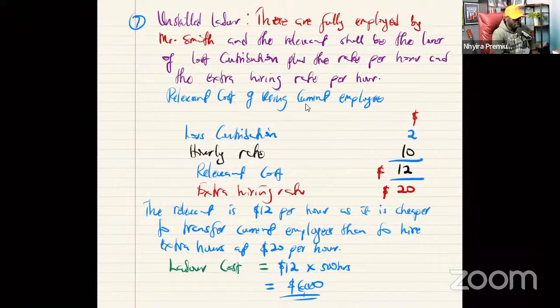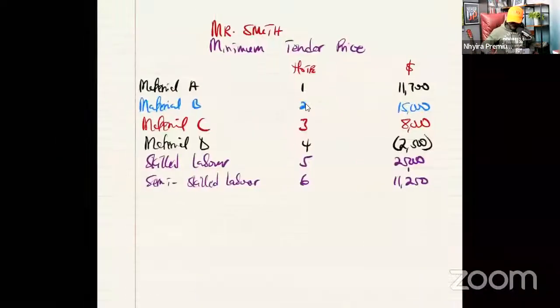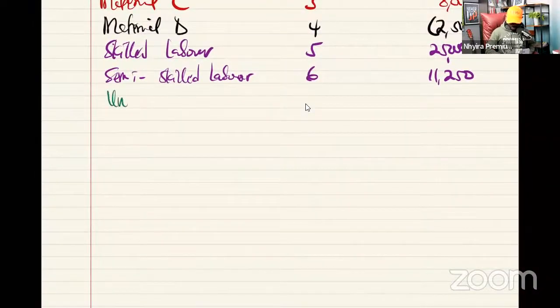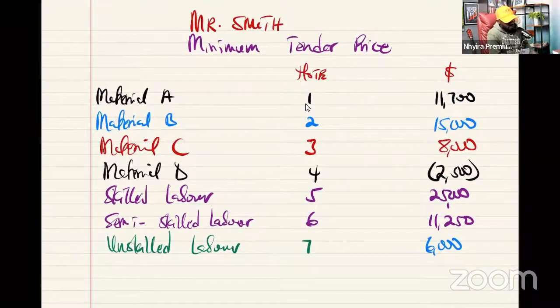That becomes the relevant cost of the unskilled labor. So that is note 7, unskilled labor, 6,000. So that is the issue relating to that as well.